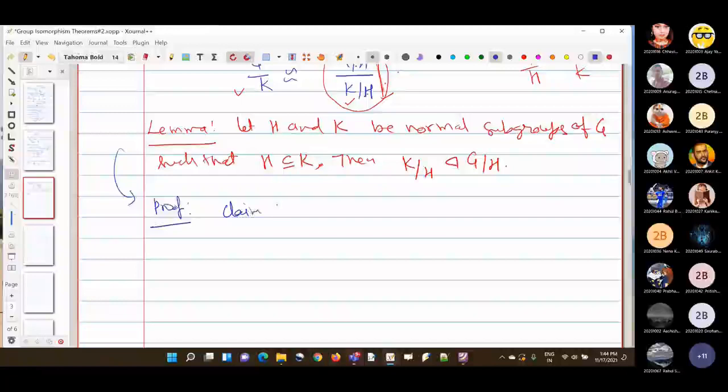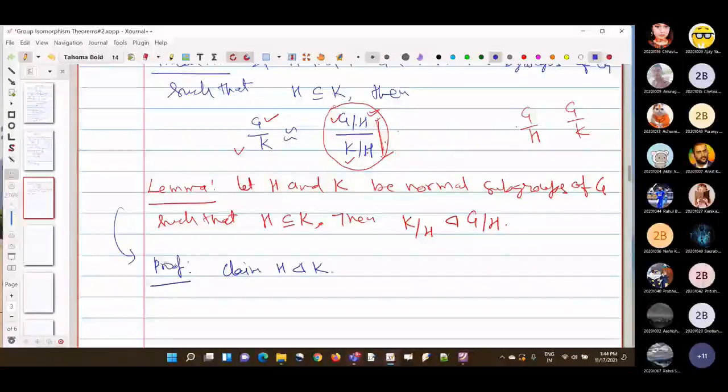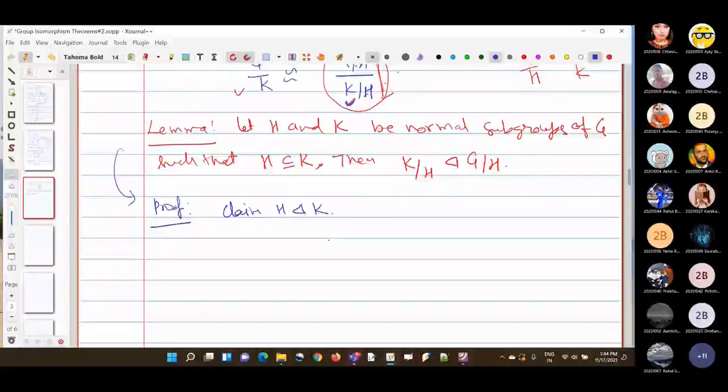We claim first that H is normal in K. Because these two things are very much clear, there are two things which are not clear. One is that K by H is well defined, though it is evident from here, but we can have a proof. And then, K by H is normal in G by H. Both things need to be clarified here.